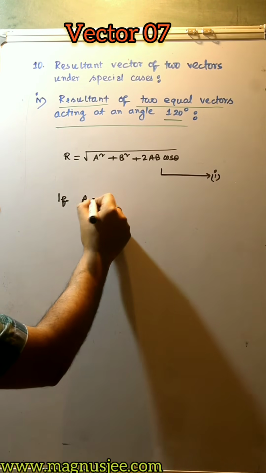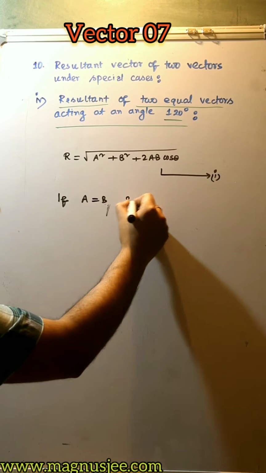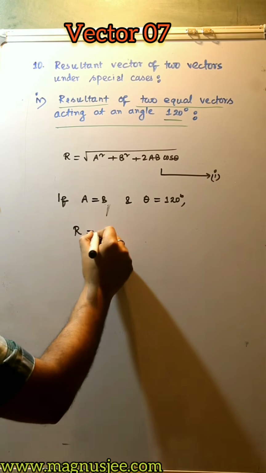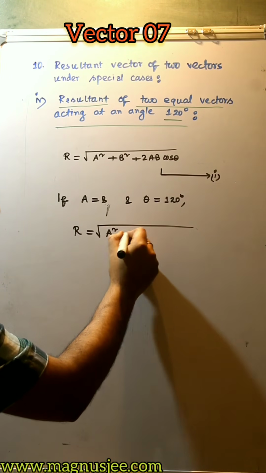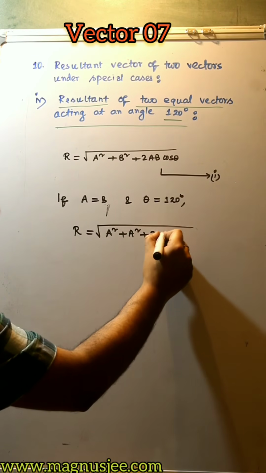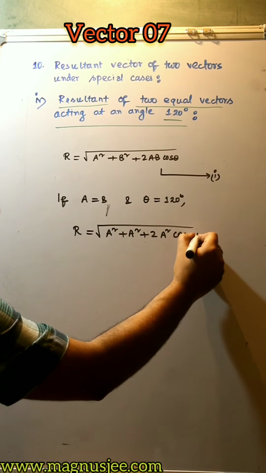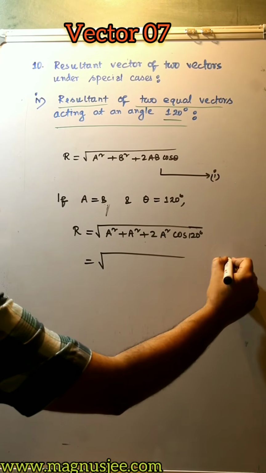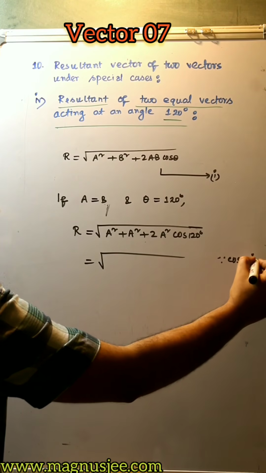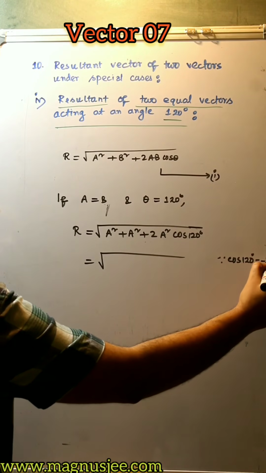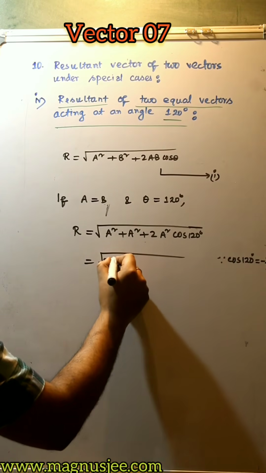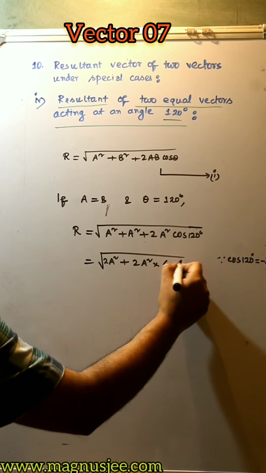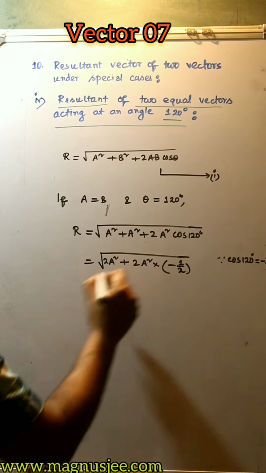If A equals B and theta equals 120 degrees, then R equals root over 2A square plus 2A square cos 120 degrees.